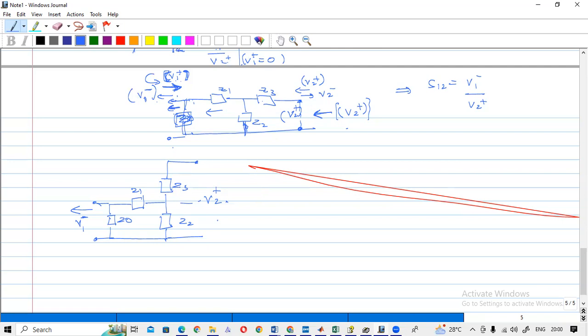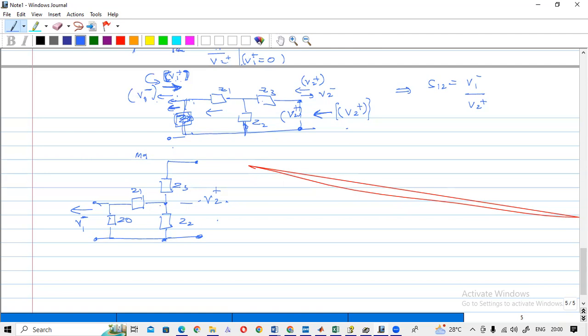How to calculate that part? You can see that in this case you have to consider this. I think you have to do it twice, no? Maybe you have to apply the voltage dividing rule two times.